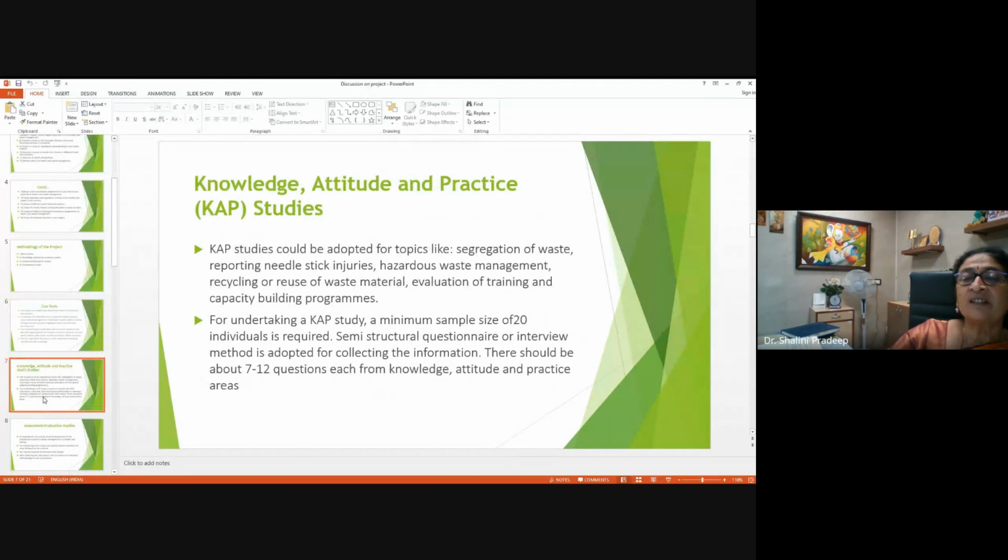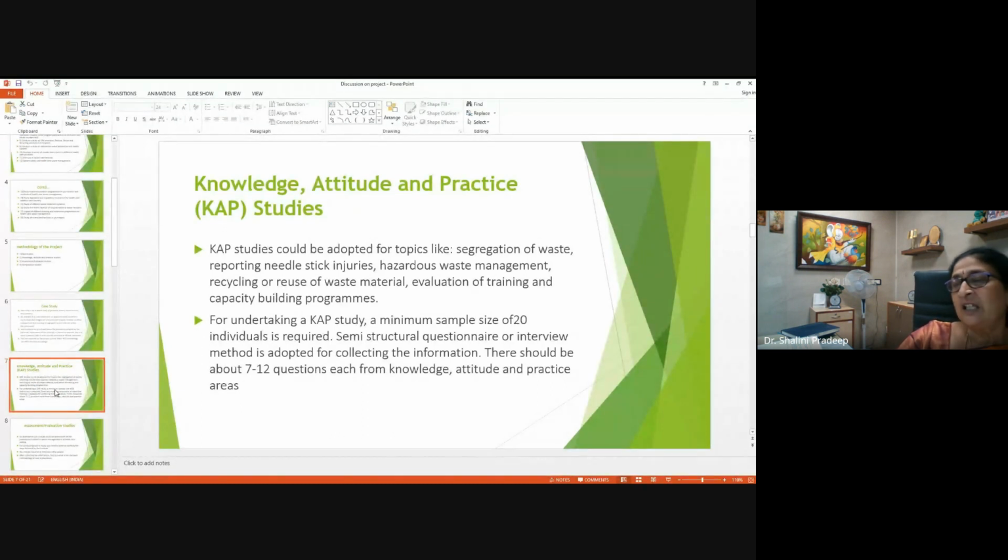KAP studies are for topics like segregation of waste, for reporting needle stick injuries, for hazardous waste management, and it can also be used for those 3 R's, evaluation of training and capacity building programs. For KAP studies, the minimum sample size should be 20. It could be a semi-structured questionnaire or an interview method.